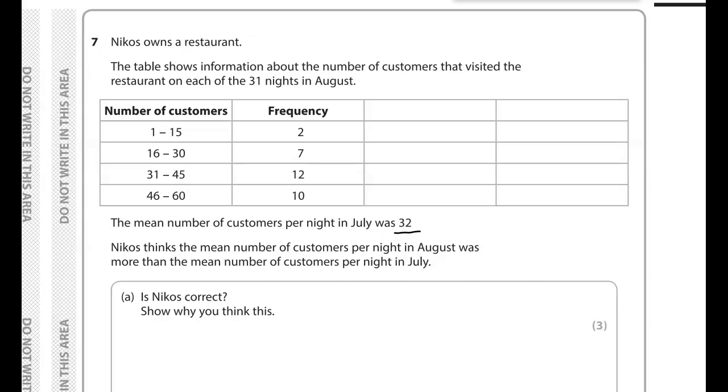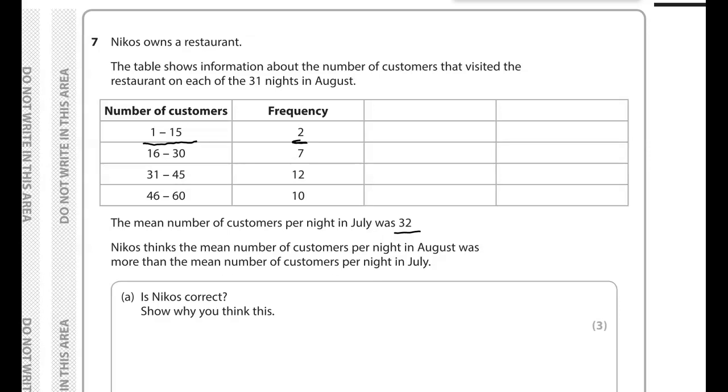Okay, so we're working with the mean, and we know that generally when you work with the mean, you add them all together and divide by how many there are. So in this particular case, though, we haven't got a definite number of customers. We've got a range. So it says 1 to 15 customers.